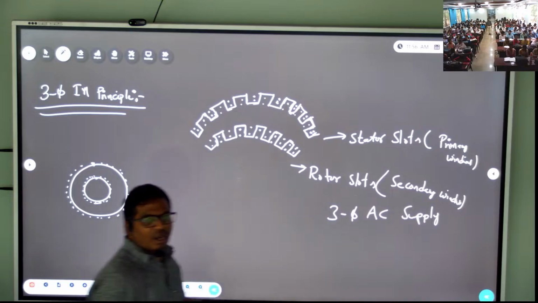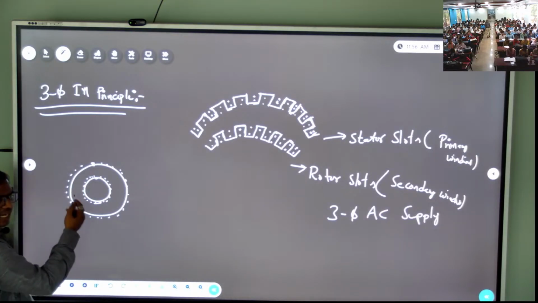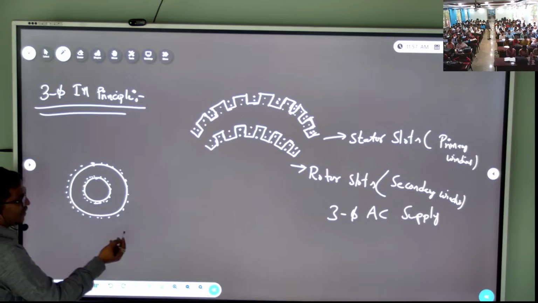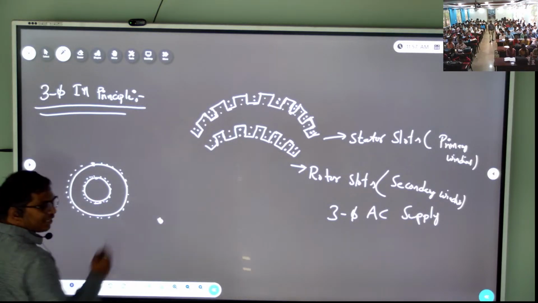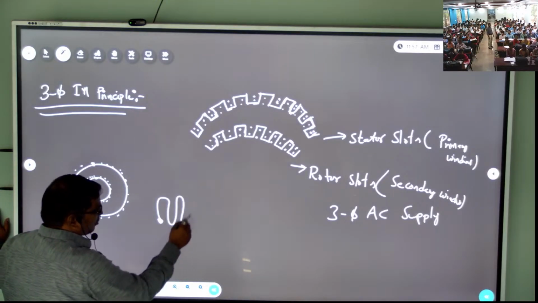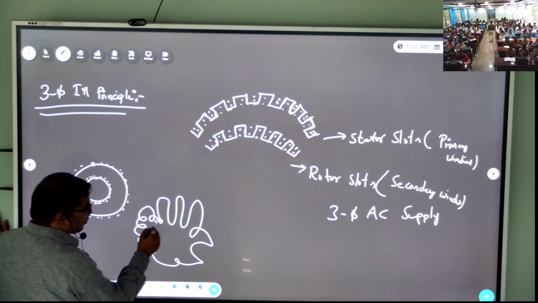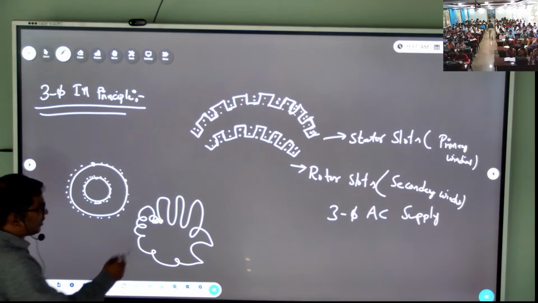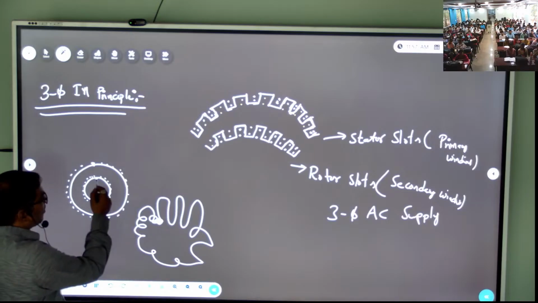Here the conductors are there, with a starting terminal kept in the slots like this, and the ends are short circuited.